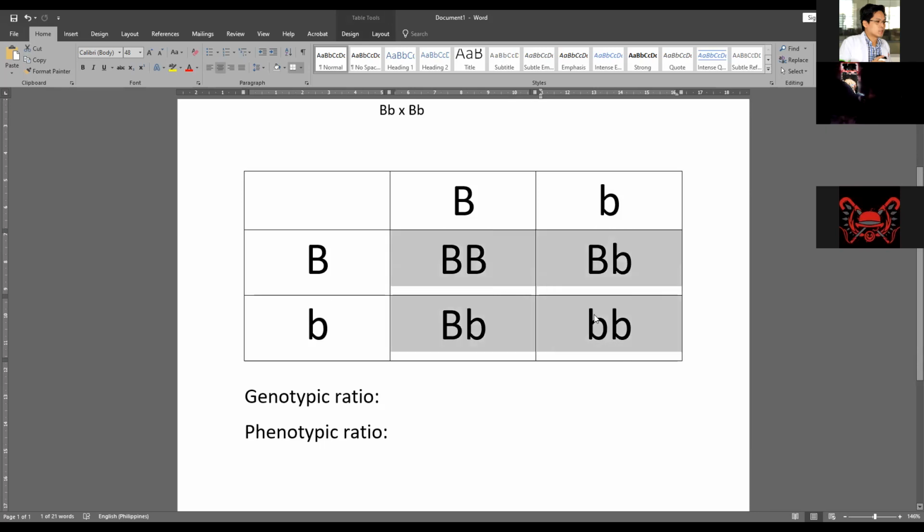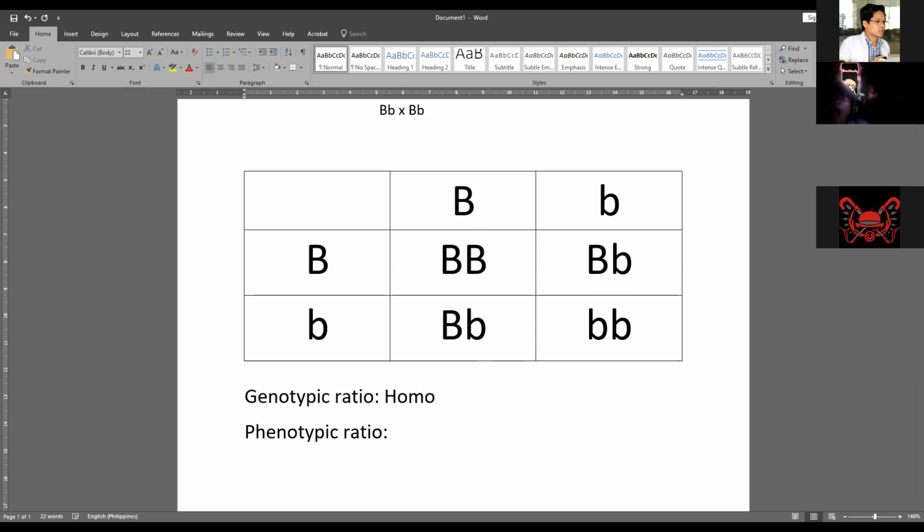Where did you get the percentage? If you're going to look at this, you can actually see that in the genotypic ratio or genotypes, there is one homozygous blue eyes because this is one only, right?